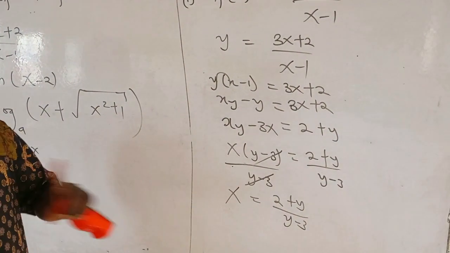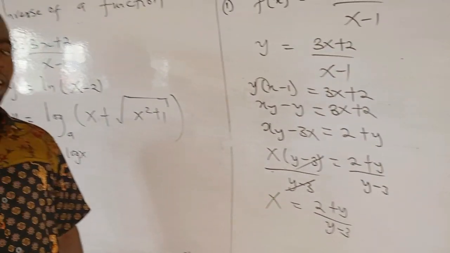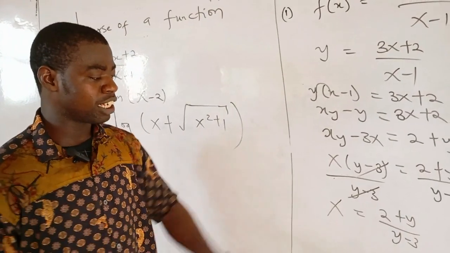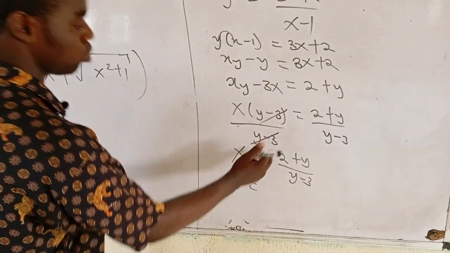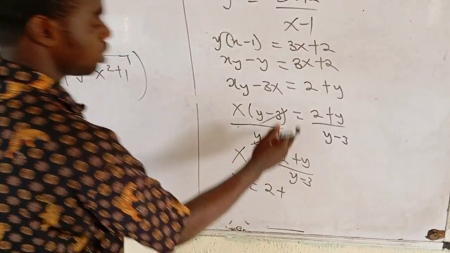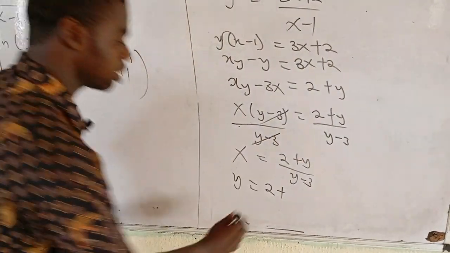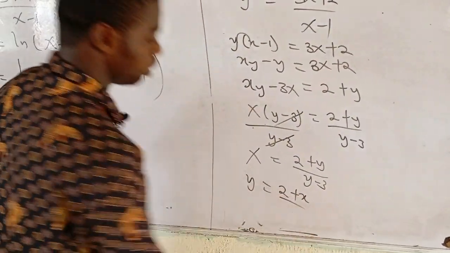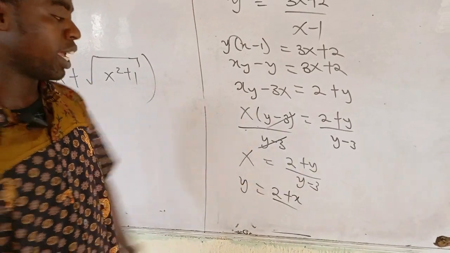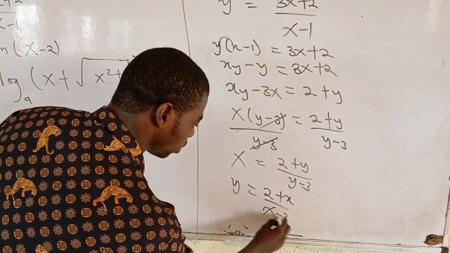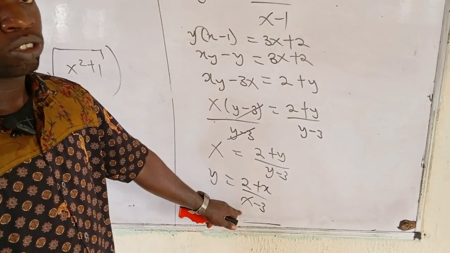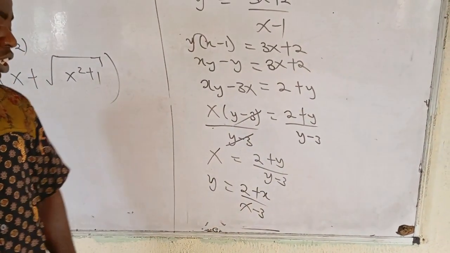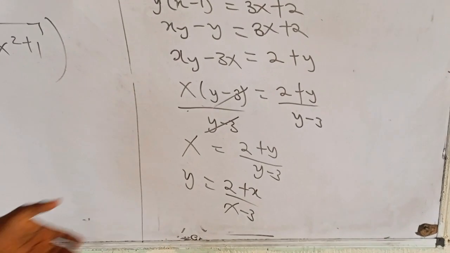Wherever you see x, put y, and wherever you see y, put x. So here is x, so change it to y. This becomes y equal to 2 plus, this is y, we change it to x, so x, divided by, this is y, we change it to x, so x minus 3. This is actually the inverse of the function. Okay, this is actually your inverse function.